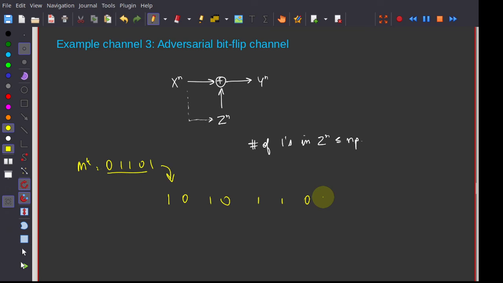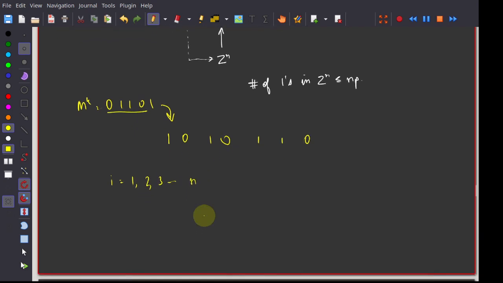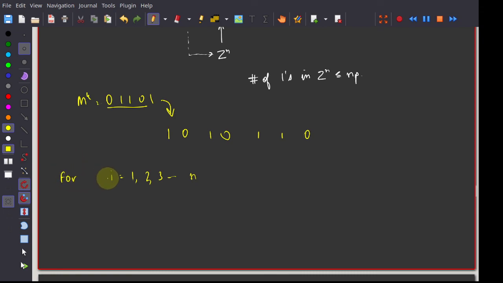One other way of thinking about these bit flip channels, the BSC or the adversarial bit flip channels, is the following. It's kind of an additive channel. So basically you have n transmissions, you transmit n bits. The ith received bit, Yi, can be thought of as the ith transmitted bit, Xi, XORed with an error bit, Zi.